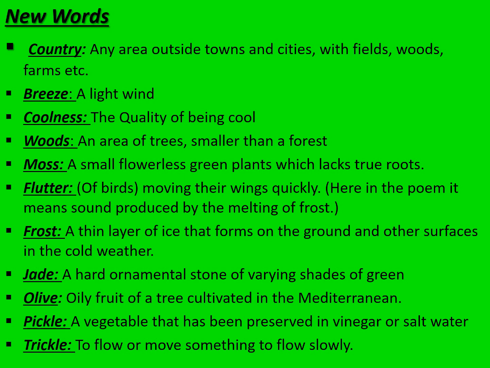Olive, oily fruit of a tree cultivated in the Mediterranean. Pickle, a vegetable that has been preserved in vinegar or salt water. Trickle, to flow or to make something flow slowly.